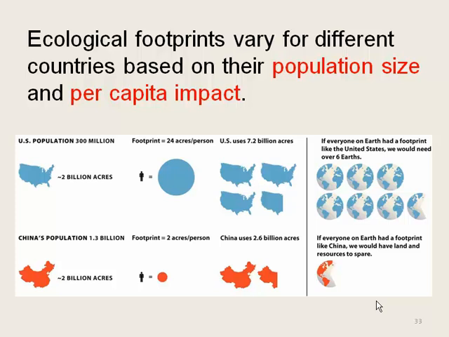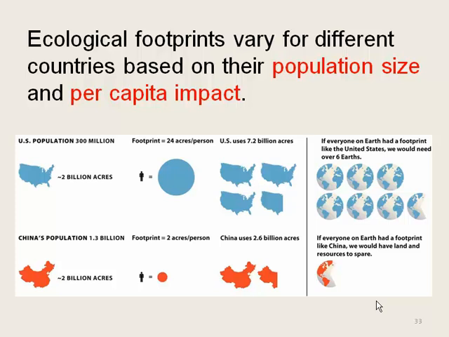And if you've done an ecological footprint calculation, you will do one again in this class, they'll give you an estimate of the number of planet Earth equivalents required if everybody on Earth had a footprint like the United States does. We would need over 6 Earths for the human population on this planet to live as we do in the United States.